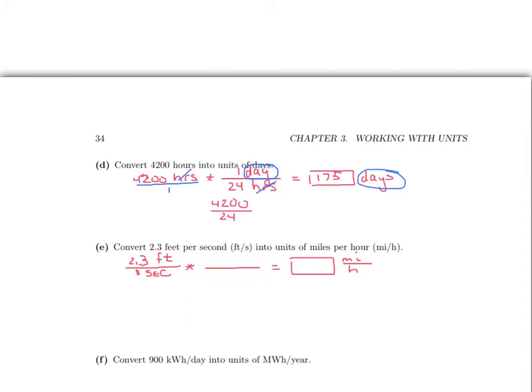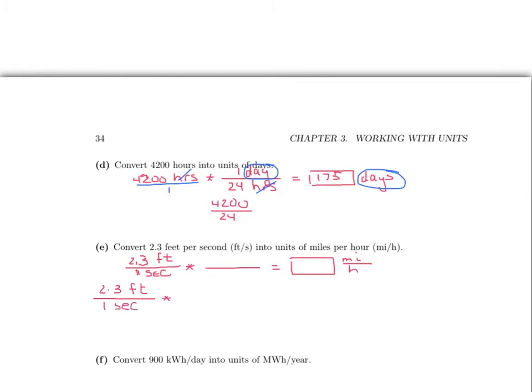This is one of these cases where we're going to need to work with a product of other conversion factors in order to get the conversion factor that we need here. So we're going to break this problem down into smaller pieces, and we'll do it below. So I'm going to repeat this fraction, 2.3 feet per 1 second.